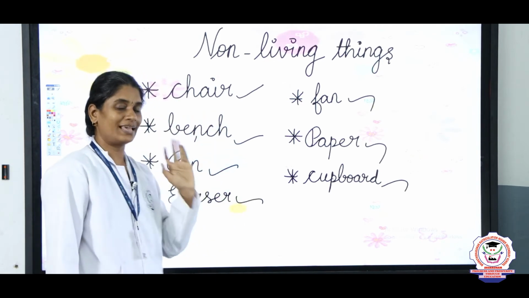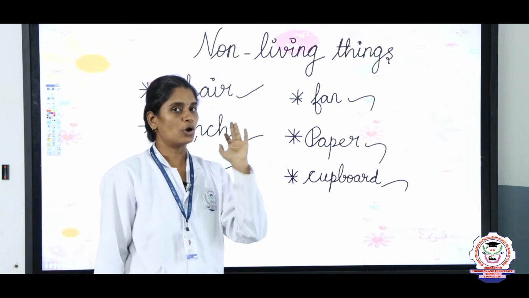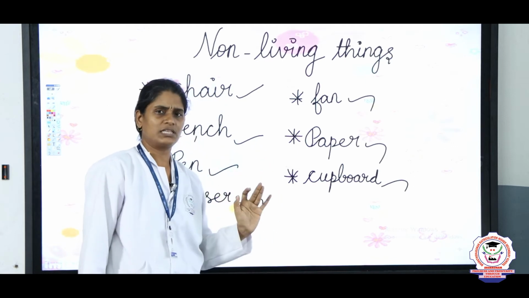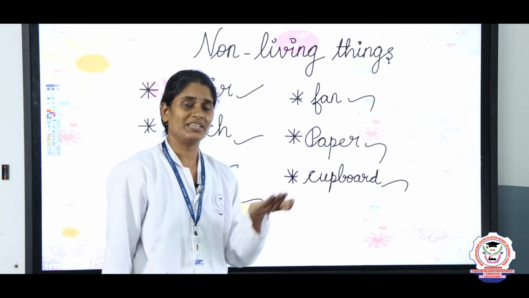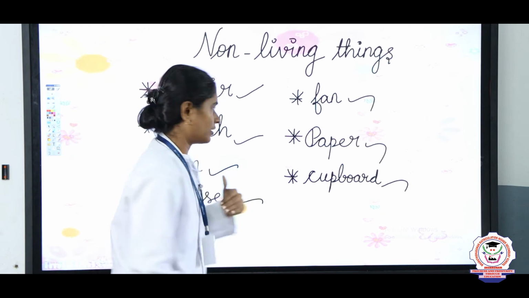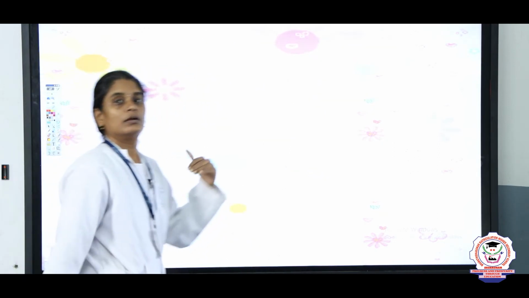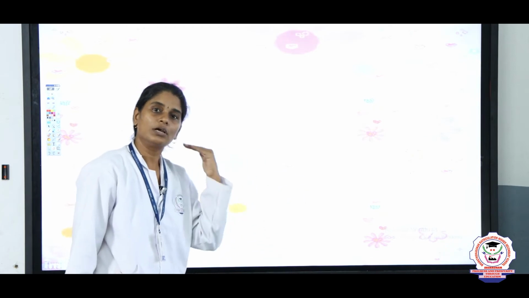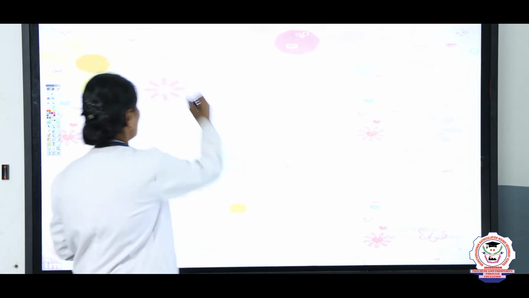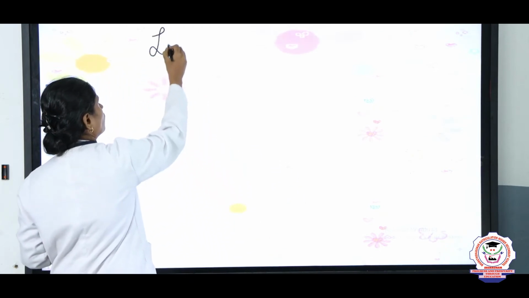Now you know the examples of living things and non-living things, right. Now we will see how the non-living things and the living things differ. First we will see about living things. The living things need food and water.